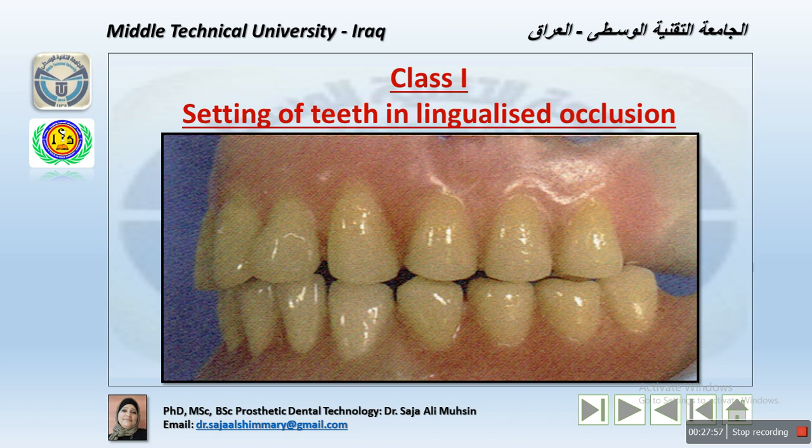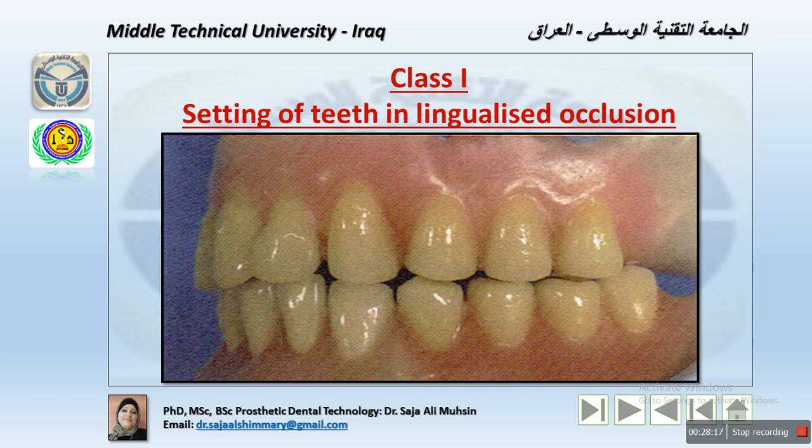And do not forget that in natural occlusion, the relation between the upper and lower artificial teeth is 1 tooth to 2 teeth, while in lingualized occlusion the relation is about 1 tooth to 1 in the counterparts.